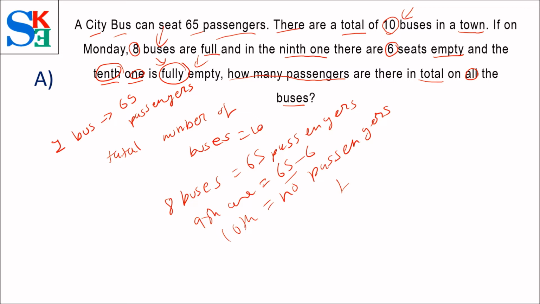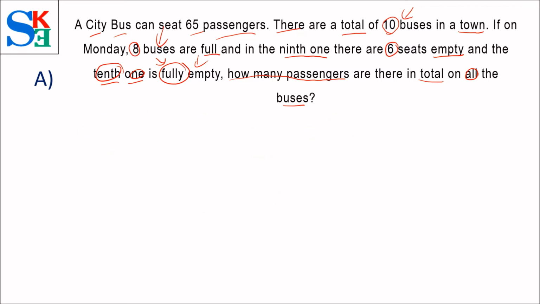So I'm just going to rub everything. Okay. Alright. There are 8 full buses and one bus can seat 65 passengers. So one bus, 65 passengers, 8 buses is going to be equal to 65 multiplied by 8, because there are 8 buses and 65 passengers.